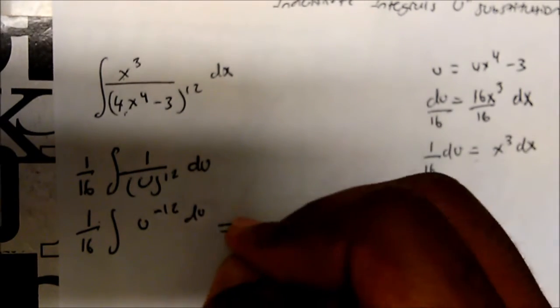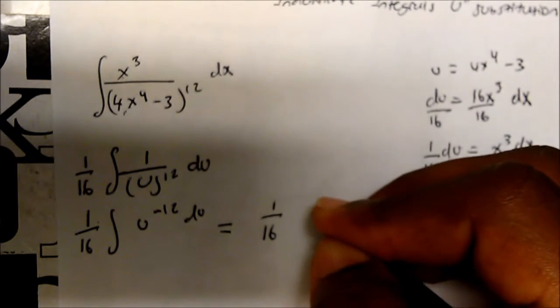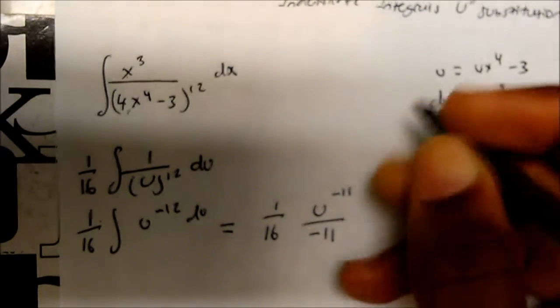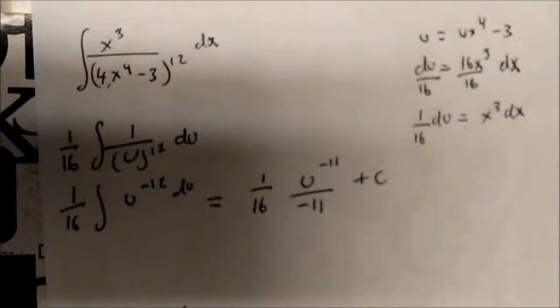So now I could take my integral. My integral would just be 1/16, and we just use the rule: add 1 and divide by that same number. So this will be u to the negative 11 divided by negative 11 plus c, because it's indefinite, so we have to add that plus c.